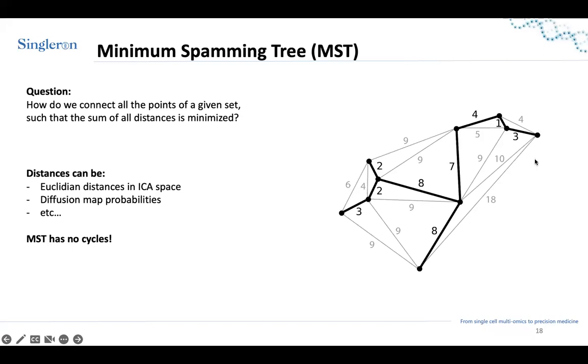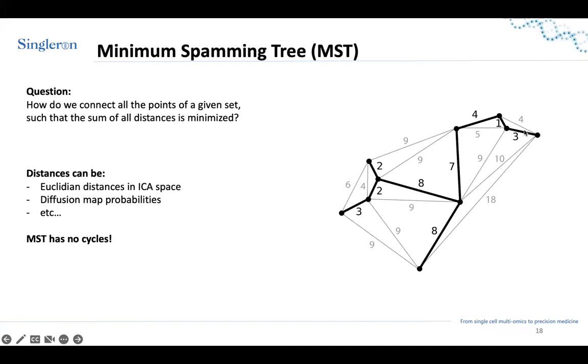So once we have this set of points, the idea here is to find the branches that would give the minimum sum of all these distances. This is called the minimum spanning tree.